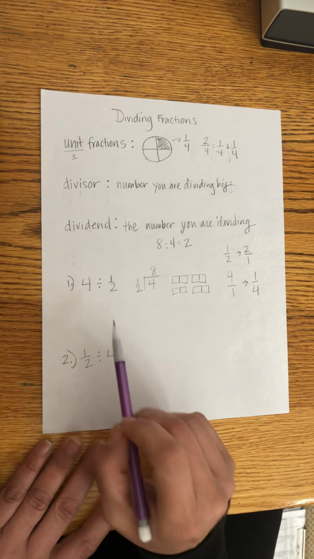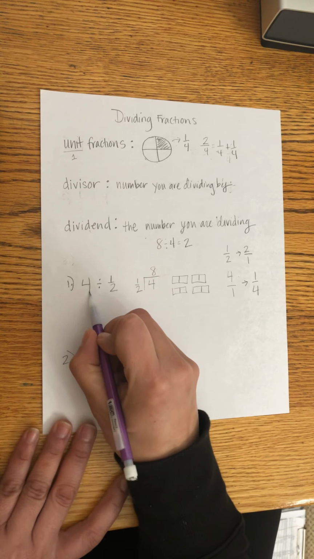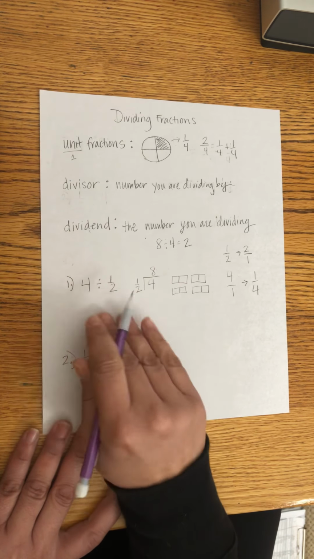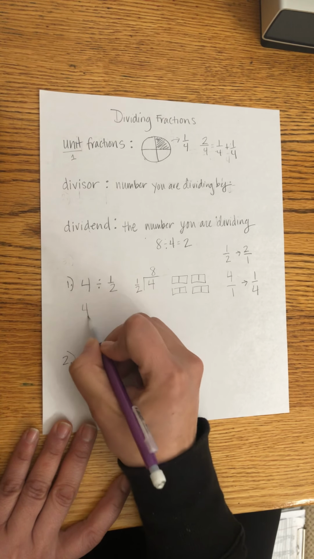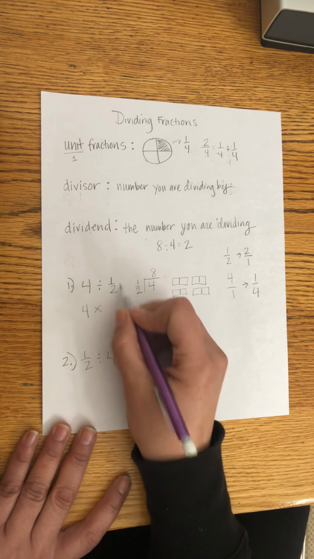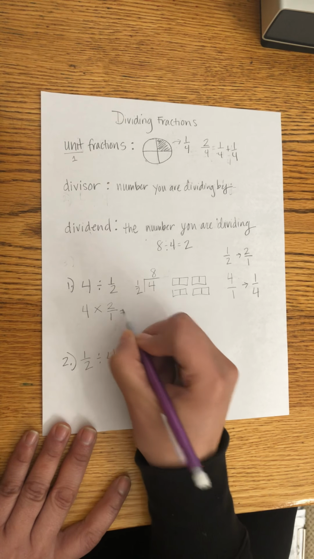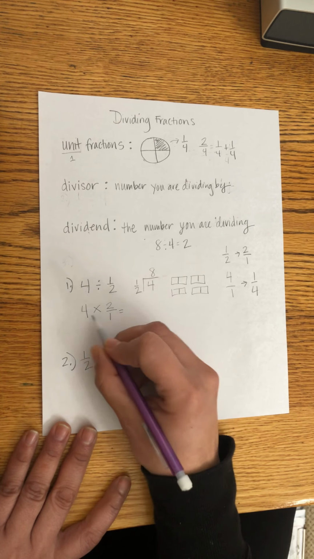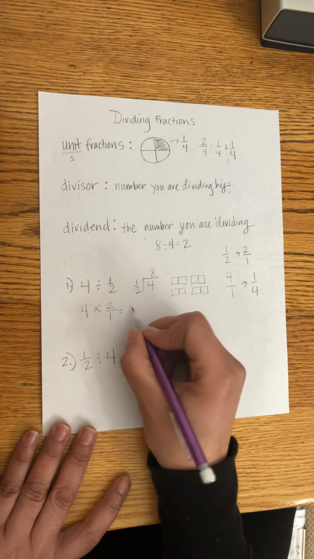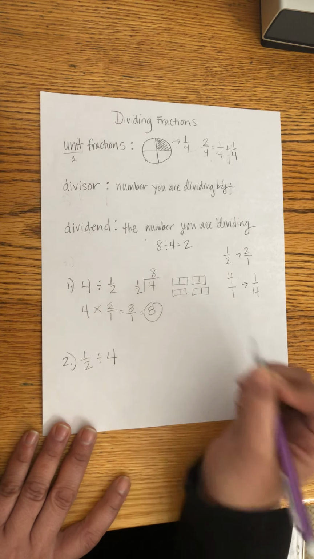That's what you're going to use when you divide fractions. I leave my dividend the same. My first number always stays the same, so 4 is just 4. Now I change my division sign to a multiplication sign, and I flip this fraction around to its reciprocal, 2/1. Now if I multiply across, 4 times 2 equals 8/1. So my answer is 8.